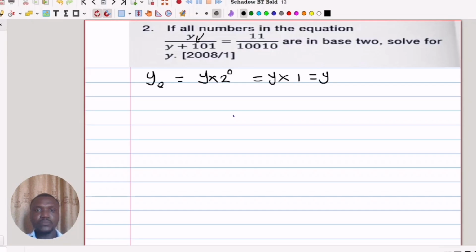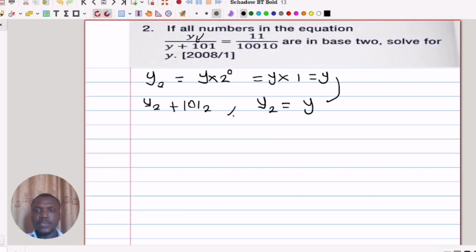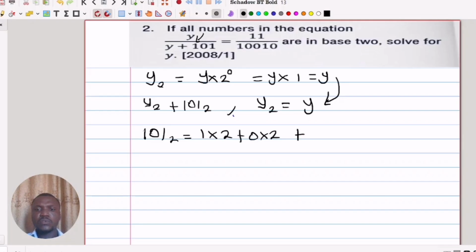I've done that, so I will come to y plus 101. This should be y base 2 plus 101 base 2. I believe you know that y base 2 converted to base 10 is just y. We did it here. Amazing. So what is 101 base 2? I'm going to multiply each figure by the base: 1 times 2 plus 0 times 2 plus 1 times 2.